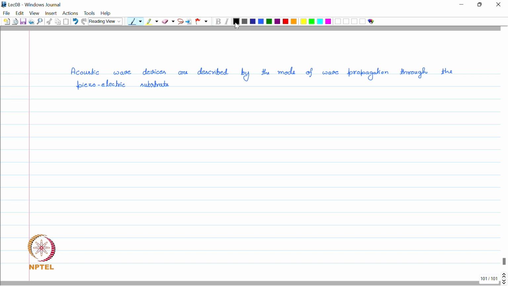And the first one is longitudinal waves.